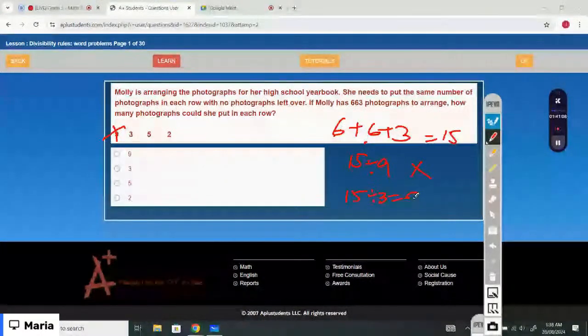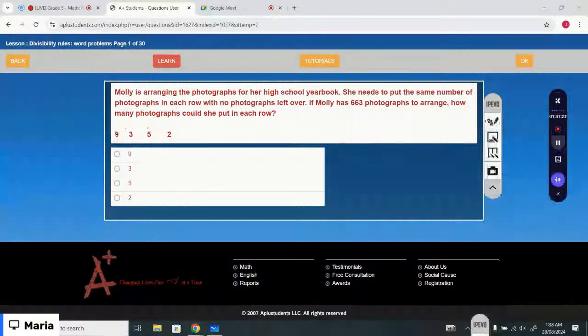Yes, it is. 3 times 5 is 15. That means the correct option is 3. She can put 3 photographs on each row. 663 is not divisible by 2 and neither by 5. So the correct option is 3. Got it?